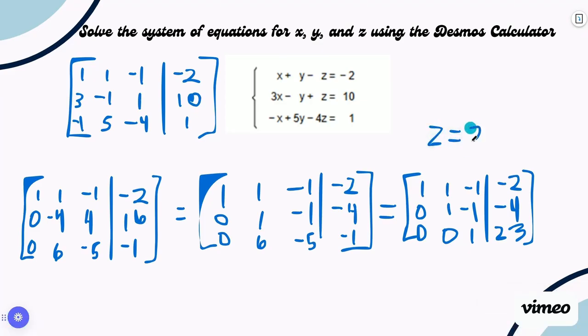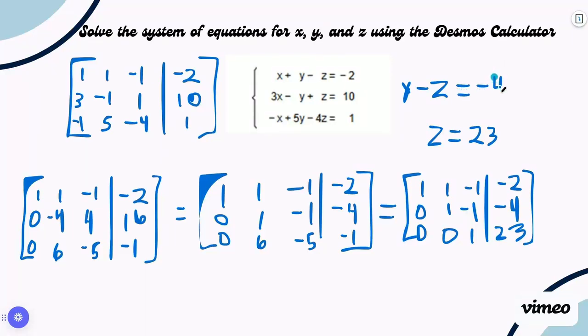Now I can substitute that 23 in for z in this equation, because this is going to say y minus z equals negative 4.